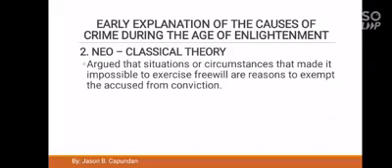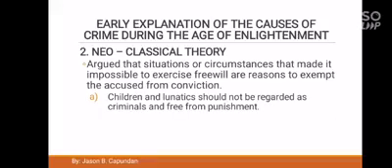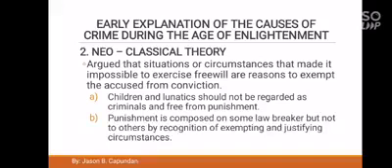They argued that situations or circumstances that made it impossible to exercise free will are reasons to exempt the accused from conviction. These are: children and lunatics should not be regarded as criminals and should be free from punishment. Punishment is imposed by some lawmakers but not by others, through recognition of exempting and justifying circumstances.